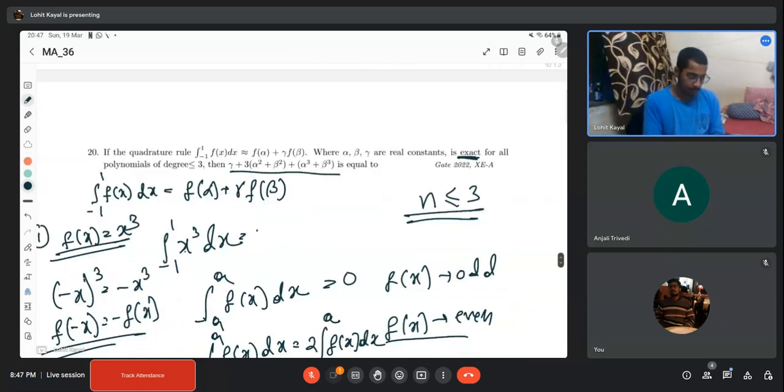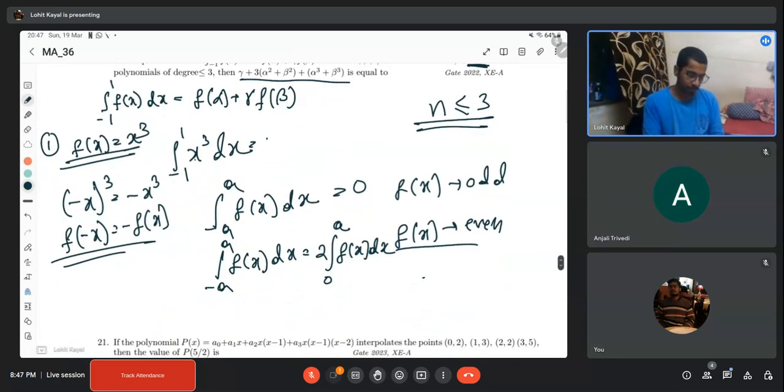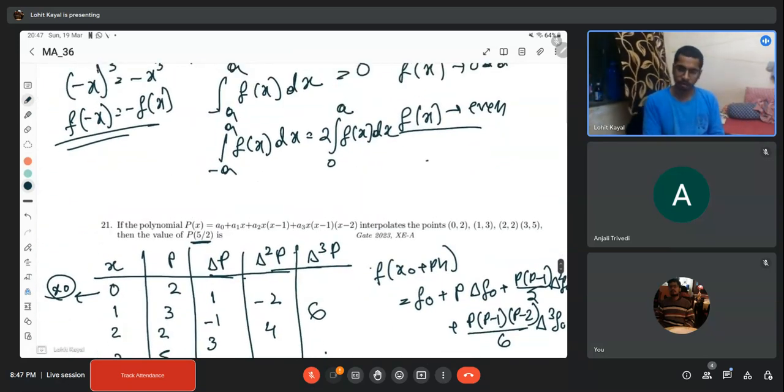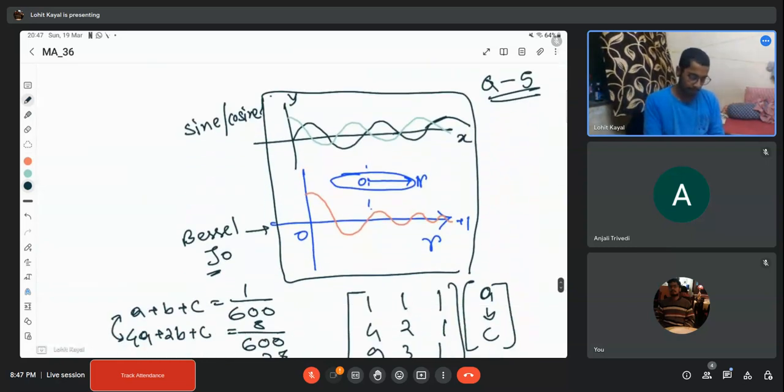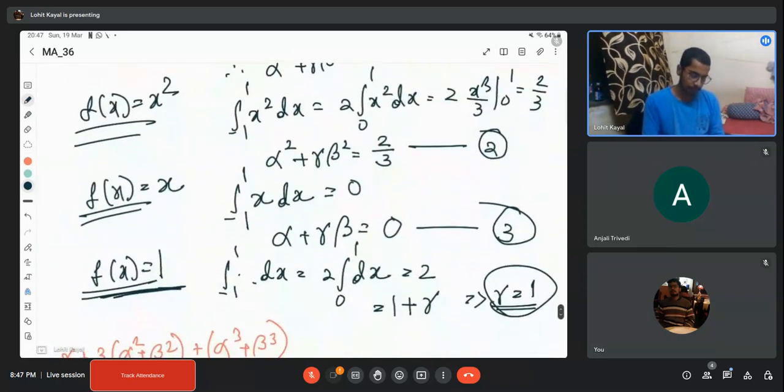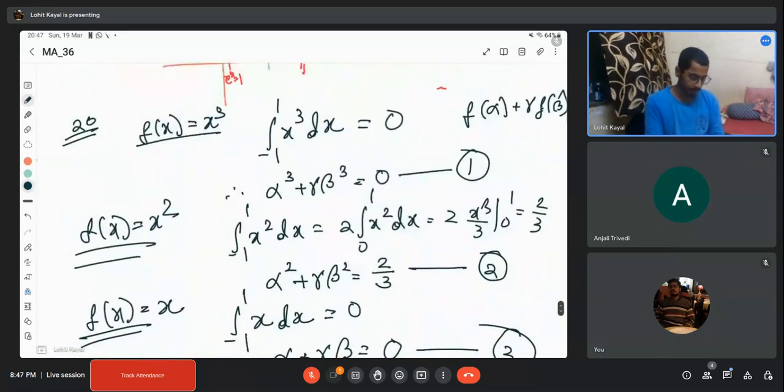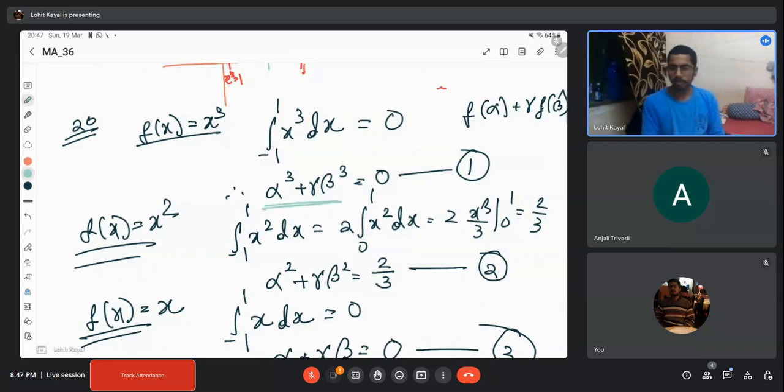And it will be true for all polynomials of degree less than or equal to 3. So the first choice obviously is f(x) equal to x cube, an odd function, and it is giving me this expression alpha cube plus gamma beta cube is equal to 0.